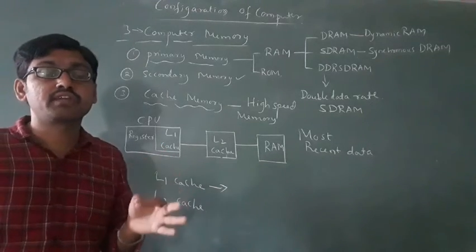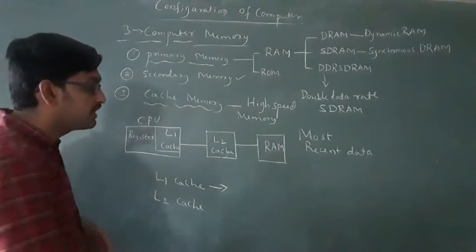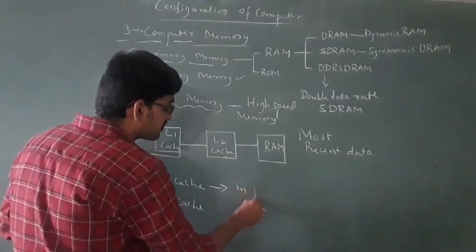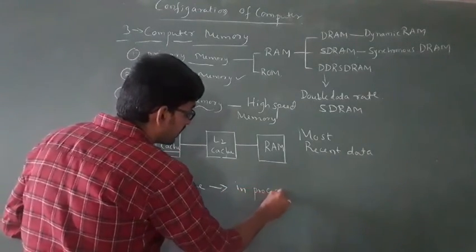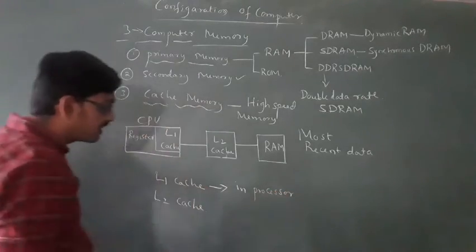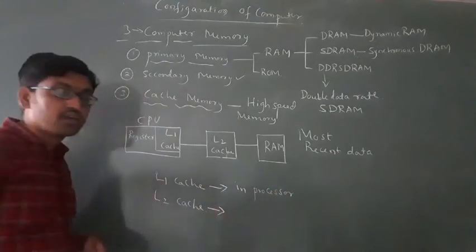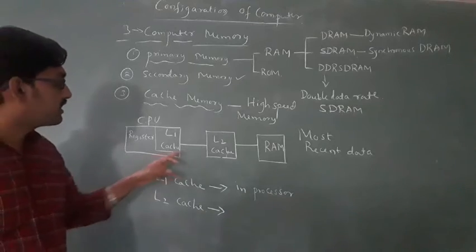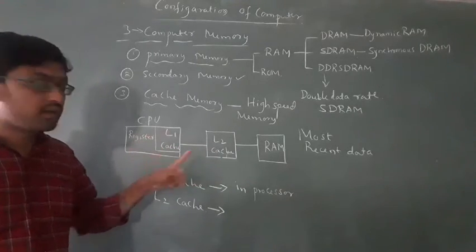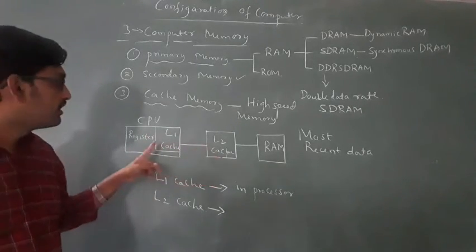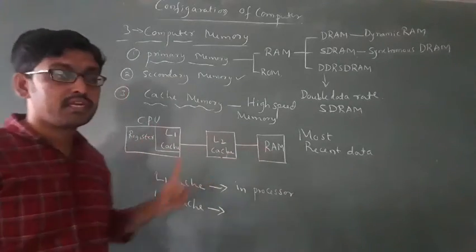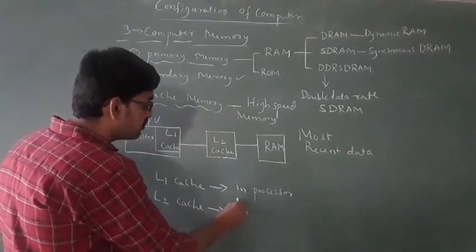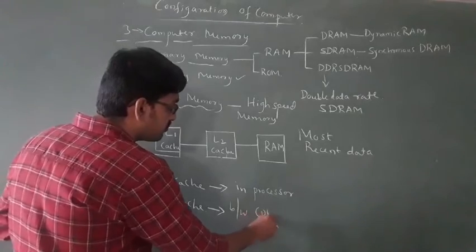It is located in a processor. Then the second one, L2 cache. Where will the L2 cache be located? The L2 cache is in between CPU and RAM.